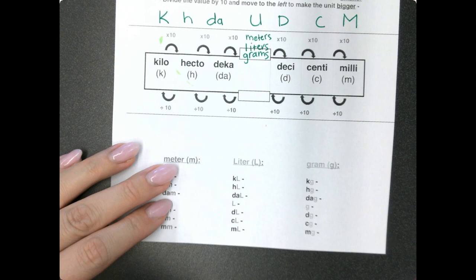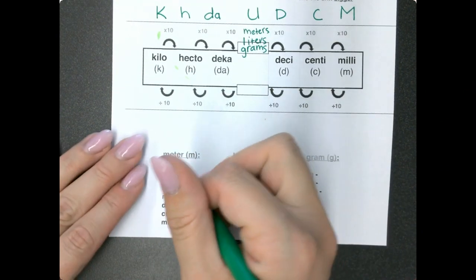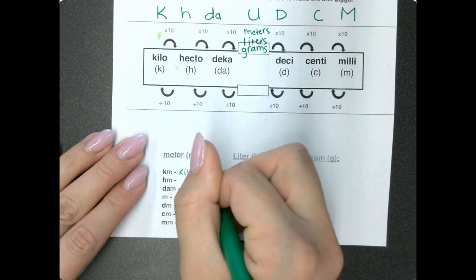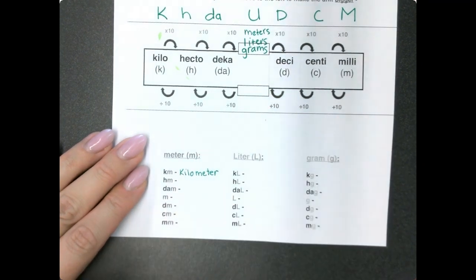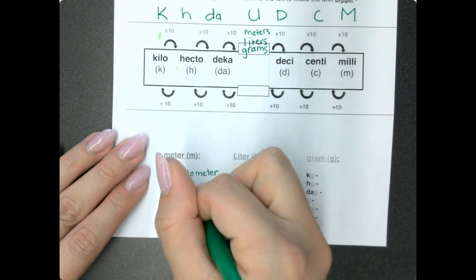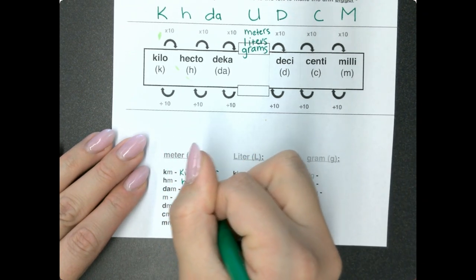So km stands for kilometer. These are all going to have the word meter at the end. The next one, hm, stands for hectometer.